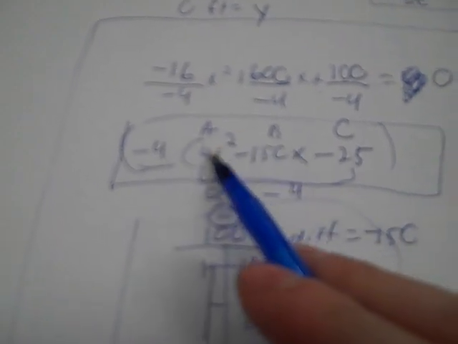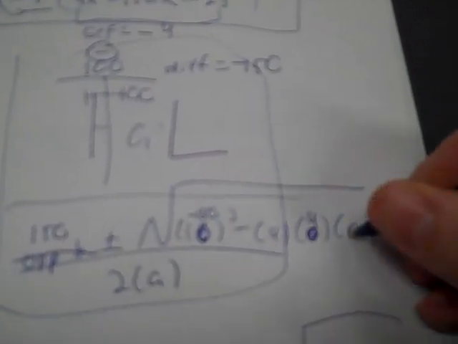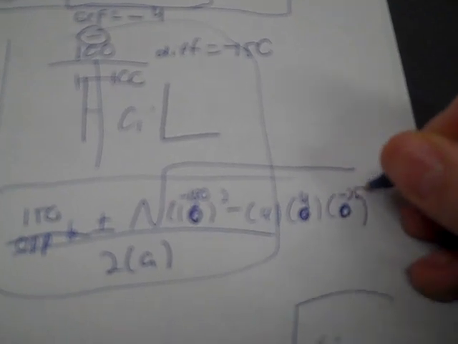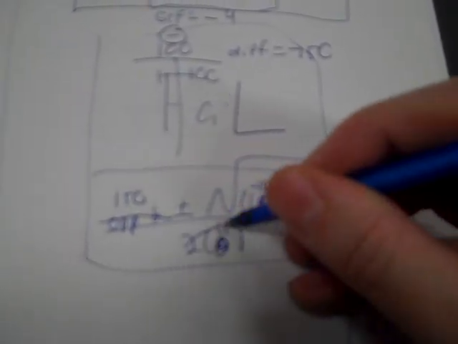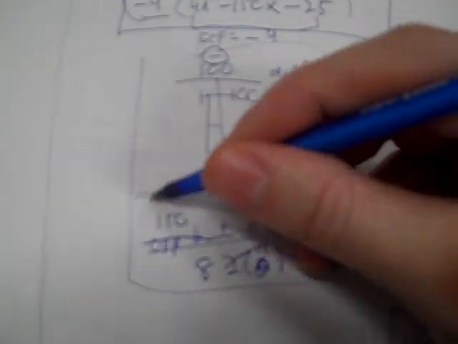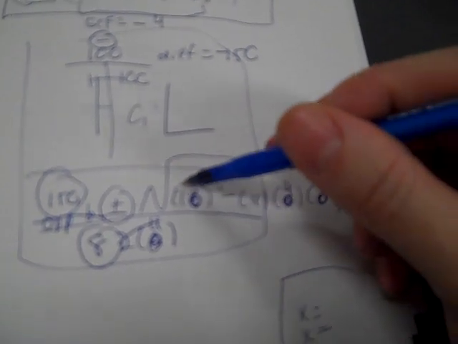Then 4, and A is 4, C is negative 25. And then the A value is 4. Well, I know 2 times 4 is 8. That's easy. So I have 150 plus or minus, over 8. But what am I going to plus or minus? I don't know. What's the square root?